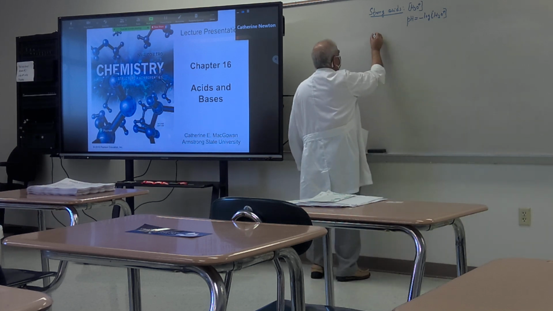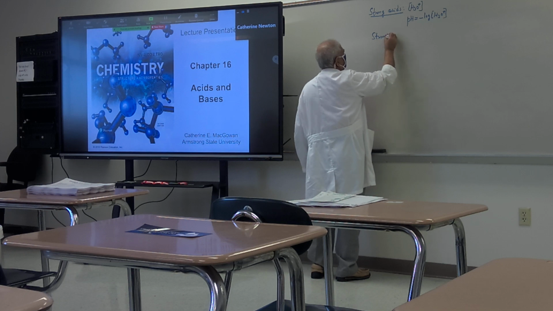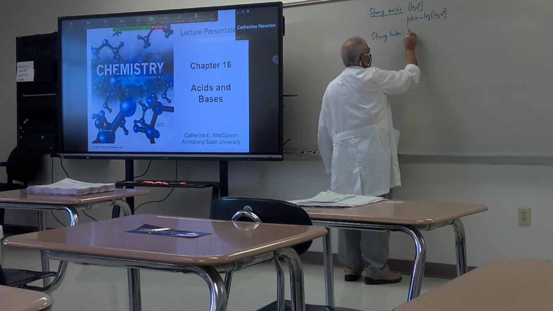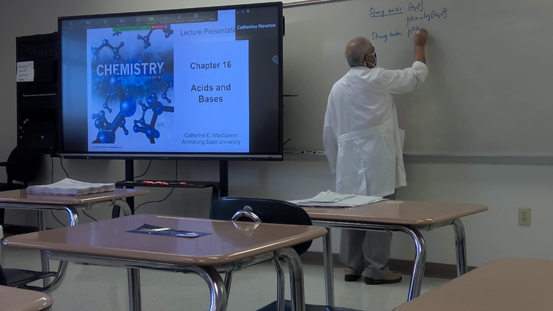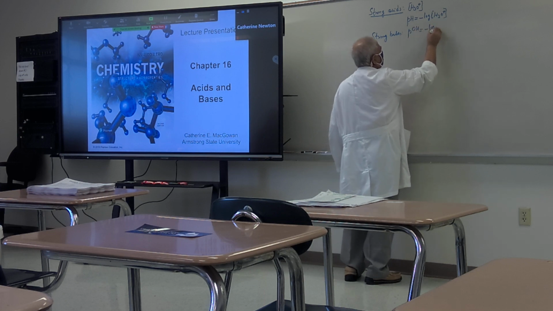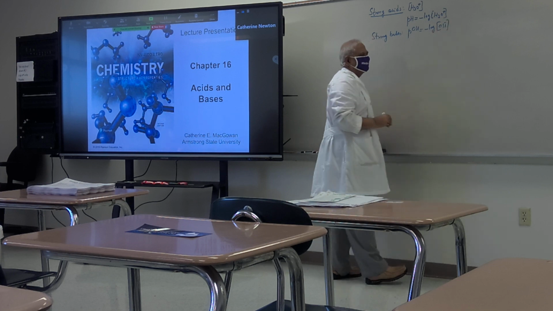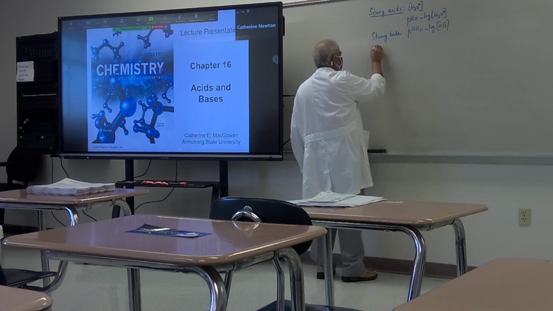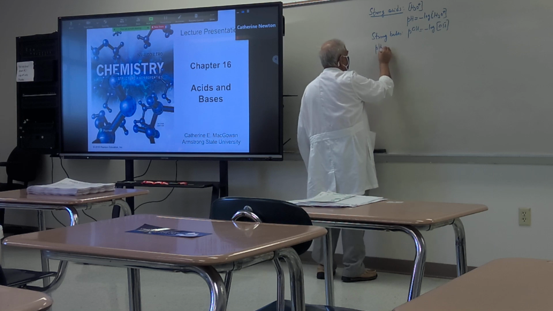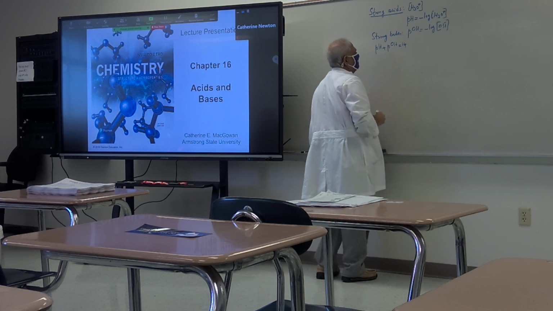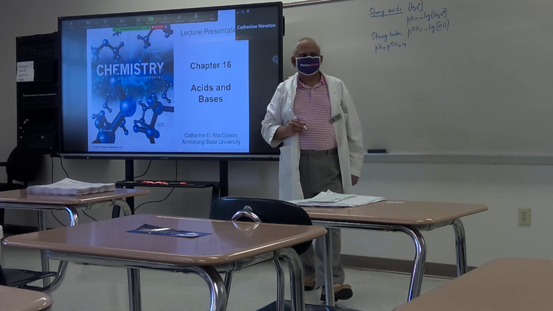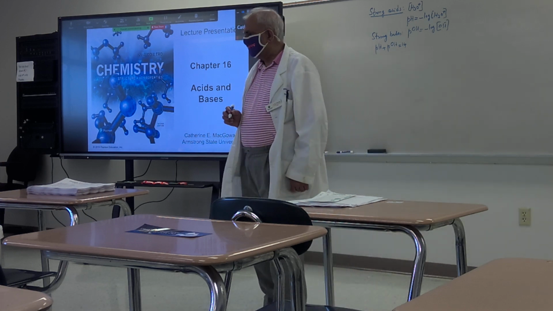In the case of strong bases, no problem. They undergo 100% ionization. Therefore, you are going to get pOH equals negative log of hydroxide ion concentration. So using this formula, pH plus pOH equals 14, you can calculate the pH of a basic solution.